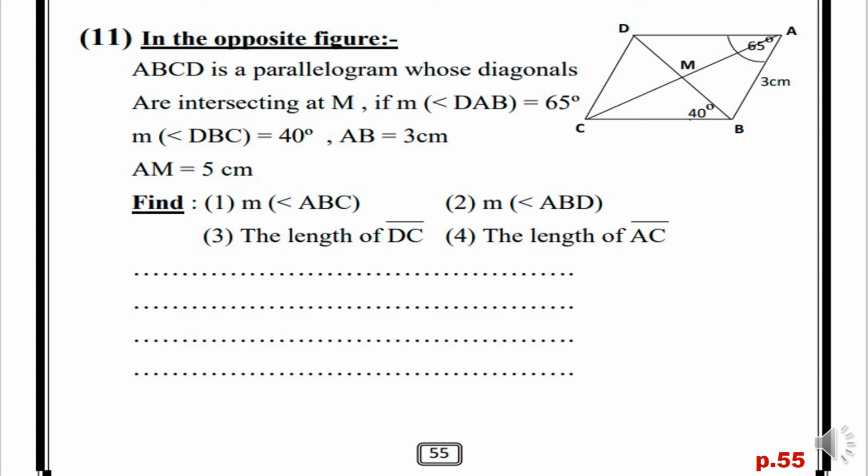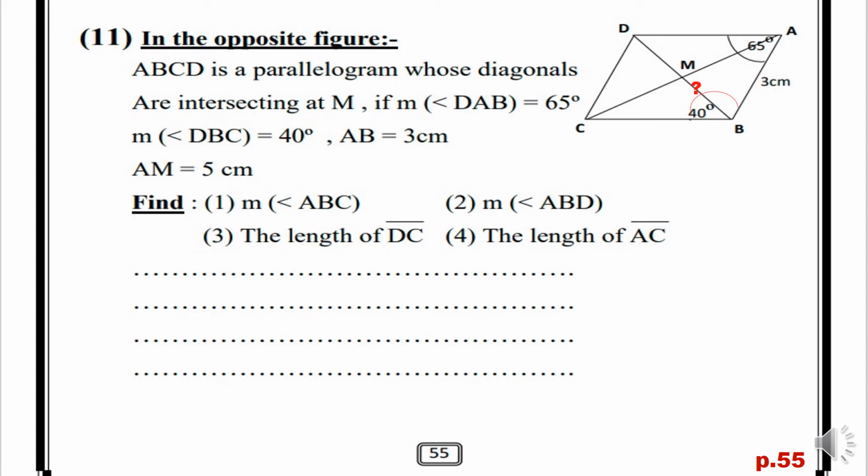I want to find first the measure of angle ABC, second measure angle ABD, third the length of DC and the length of AC.